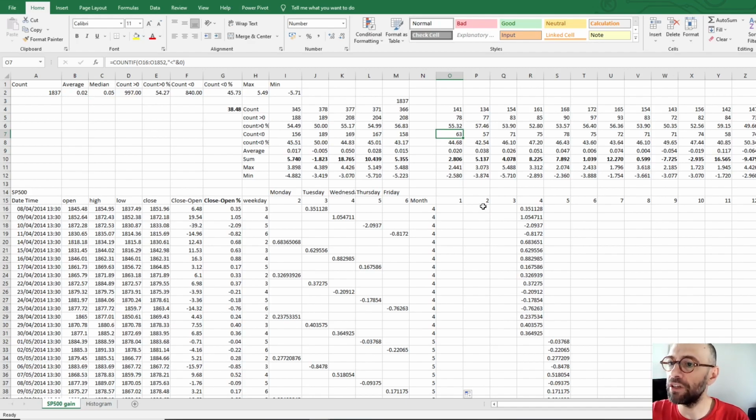Again, is there anything that stands out looking at these? Using the same reasoning we've used for the weekdays, what would happen if we were to track the Standard & Poor's 500 only for the Januaries? So there were 141 days that fell in Januaries, and the sum is 2.8%.